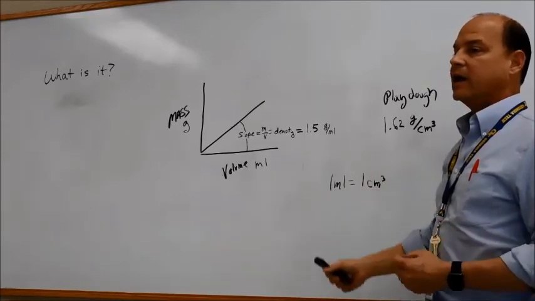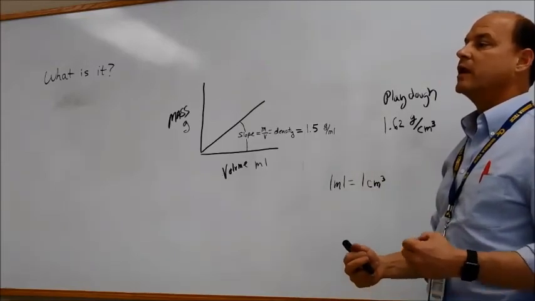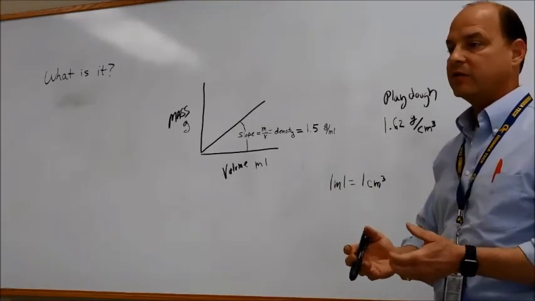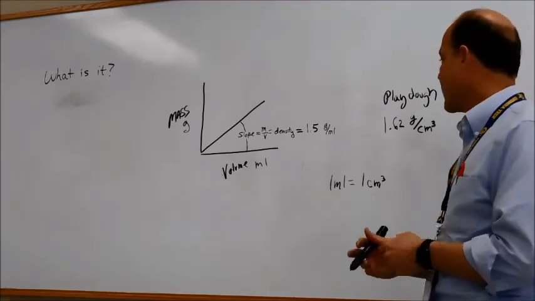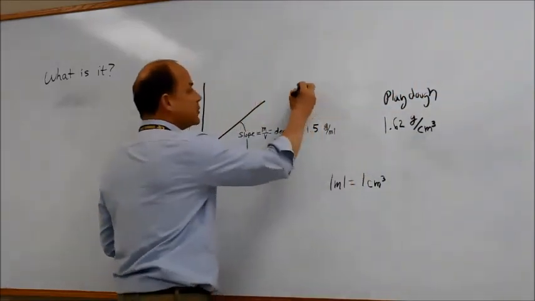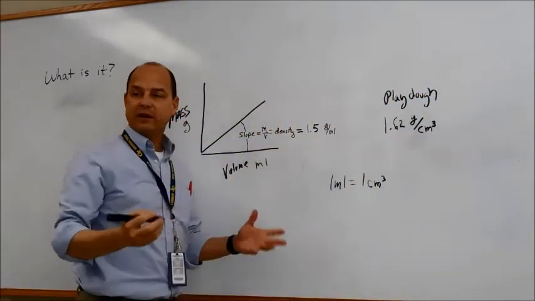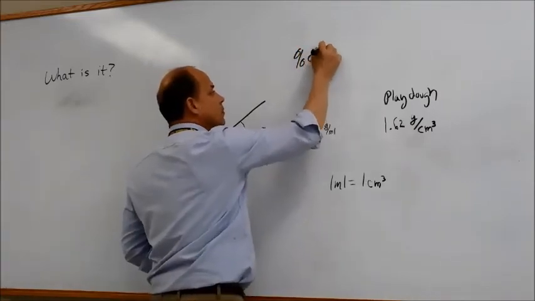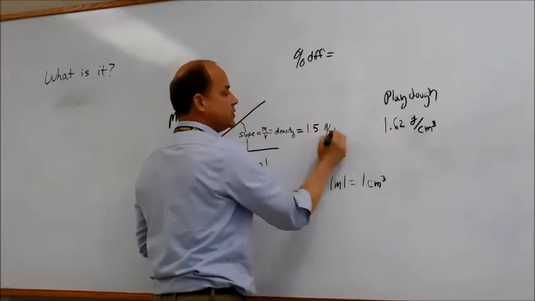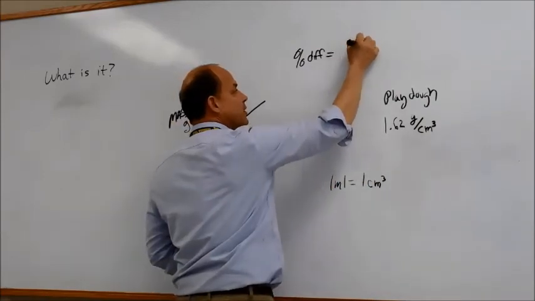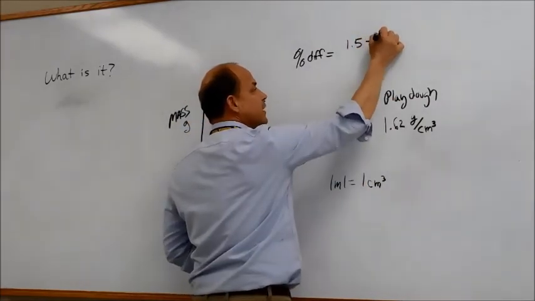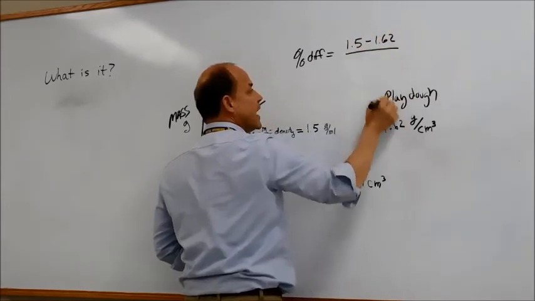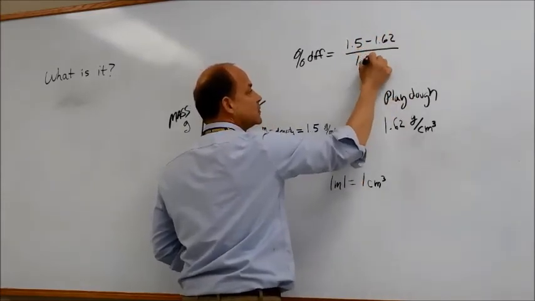In fact, it was within so many percent. This is where I want you to calculate percent error. This was one of the other learning objectives that we had. So to calculate the percent error or the percent difference, that's equal to your experimental value, or the value that you measured, minus the accepted or the theoretical value, divided by the theoretical value.